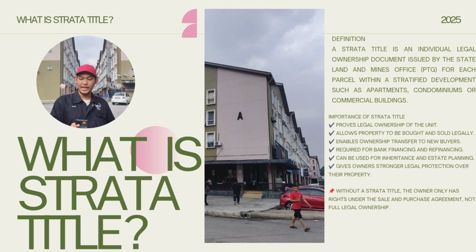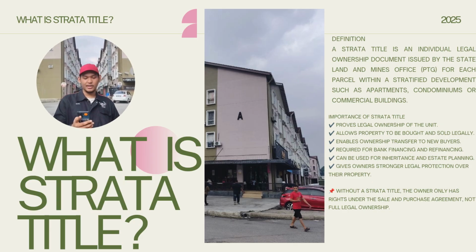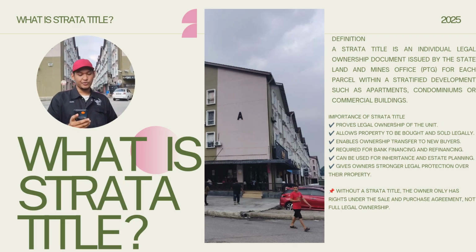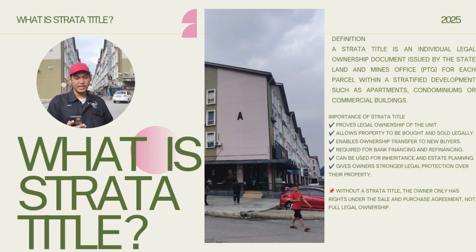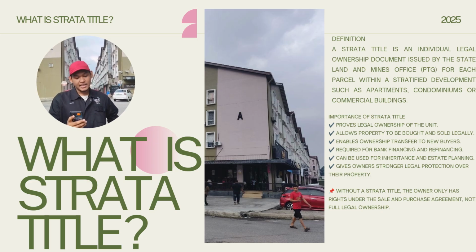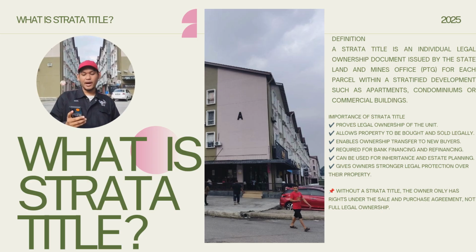Before explaining the application process, it is important to understand what a strata title is. A strata title is an individual legal ownership document issued by the State Land and Mines Office for each parcel within the certified development, such as apartments, condominiums, or commercial buildings. It serves as proof that a buyer is the legal owner of the specific unit.